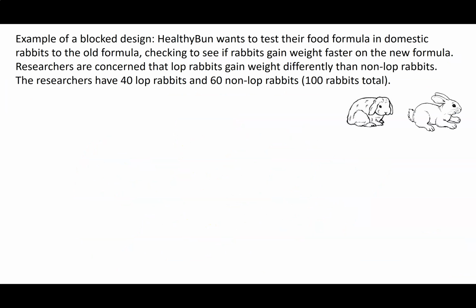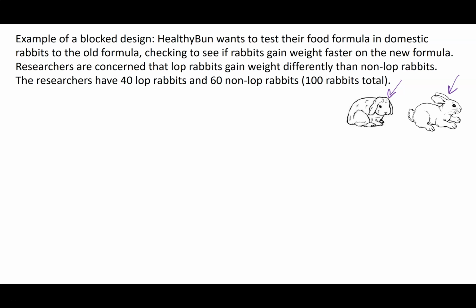So I have a bunch of bunnies, 100 rabbits total, and Healthy Bun is a hopefully made up name. They want to test their food formula on domestic rabbits to the old formula. They want to see if rabbits gain weight faster on the new formula than the old one. So they're concerned that lop rabbits, so lops have these downward ears, gain weight differently than non-lop rabbits.